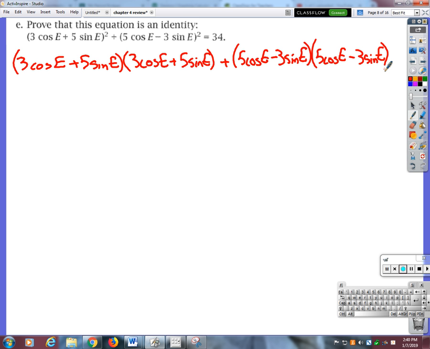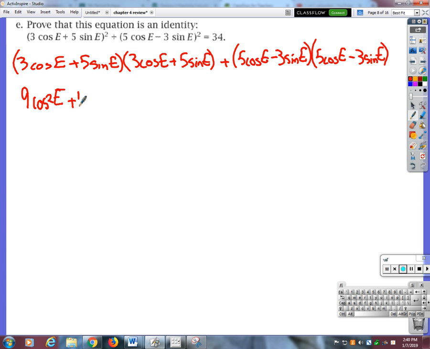All right, so let's boil these bad boys. You ready? What's first times first? 9 cosine squared E. What is outside times outside? Well, I've got a 3 here and a 5 there. So 3 times 5 is 15. Good.